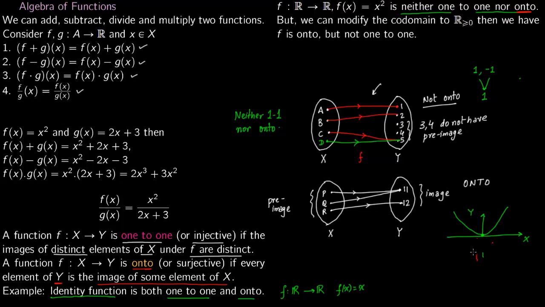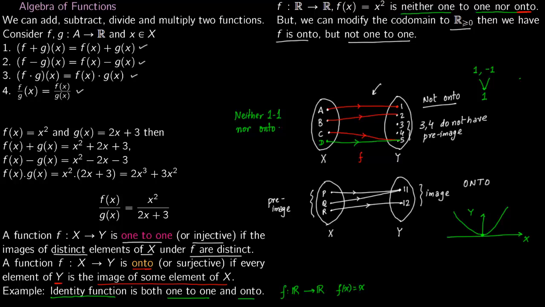We say the codomain is restricted only to positive real axis. In that case, this function is onto. Now everything which is positive will have a square root, and in fact it will have a plus square root and a minus square root, and that will make the function onto. But it is still not 1 to 1 because again 1 and minus 1 will still get mapped to 1.